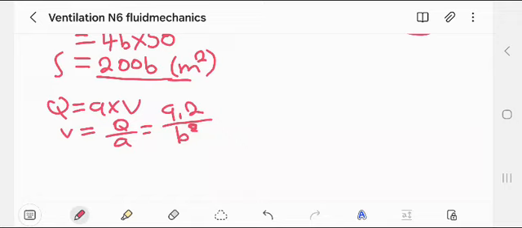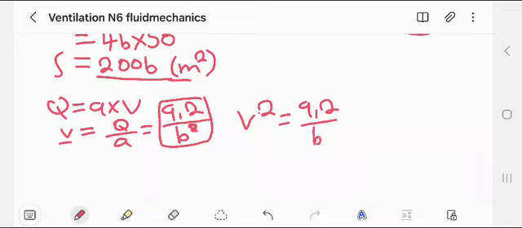So for us to obtain v squared, we know v is 9.2 all over b squared, right? We can square this because we have a square there, right?